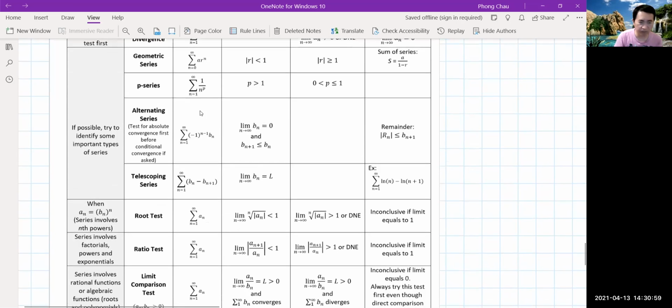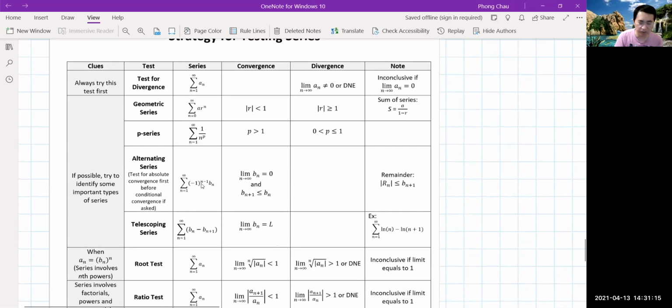Then we do have an alternating series. That one has negative 1 raised to the n minus 1 power times b sub n. B sub n is a positive term, right? So remember, if you have that alternating series, you check two conditions. Take the limit of b sub n as n approaches infinity.